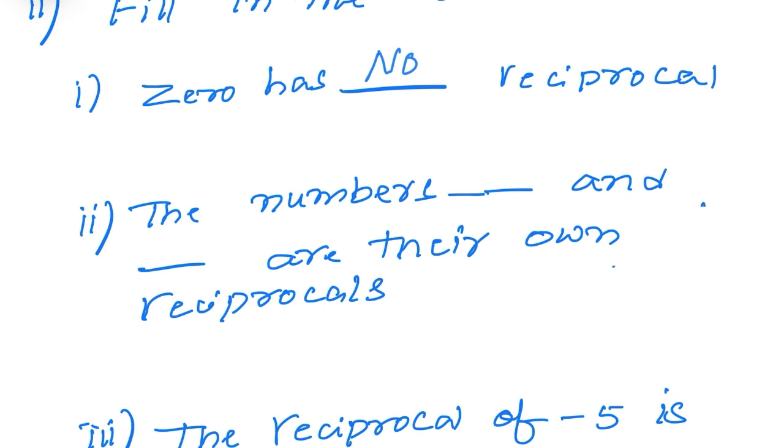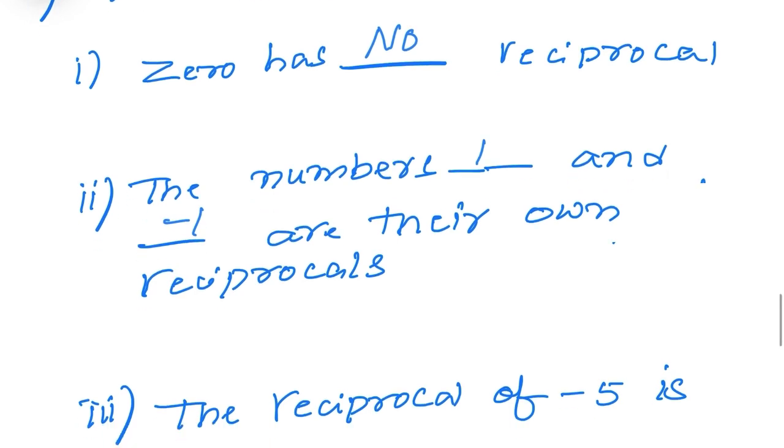And this one is also discussed in the earlier sum. The numbers dash and dash are their own reciprocals. 1, its reciprocal is 1 again, and minus 1 is the other one whose reciprocal is again minus 1. So 1 and minus 1 are the two numbers whose reciprocals are again 1 and minus 1.